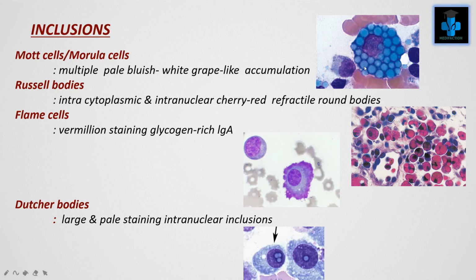We can also identify Russell bodies, which are intracytoplasmic and intranuclear cherry red refractile round bodies. Flame cells, which have vermilion staining glycogen-rich immunoglobulin A, and also Dutcher bodies, which are large and pale staining intranuclear inclusions.